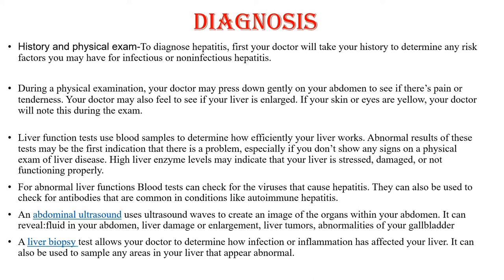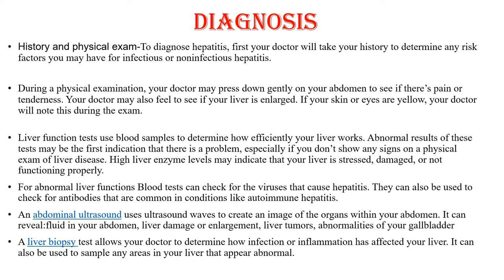In some cases, an abdominal ultrasound, which uses ultrasound waves to create an image of the organs within your abdomen, is used. It can reveal the presence of fluid in the abdomen, that is in the coelomic cavity, liver damage or enlargement, liver tumors, and abnormalities of the gallbladder.